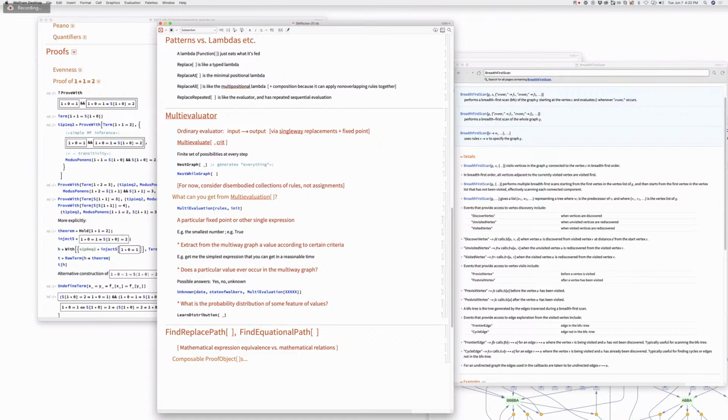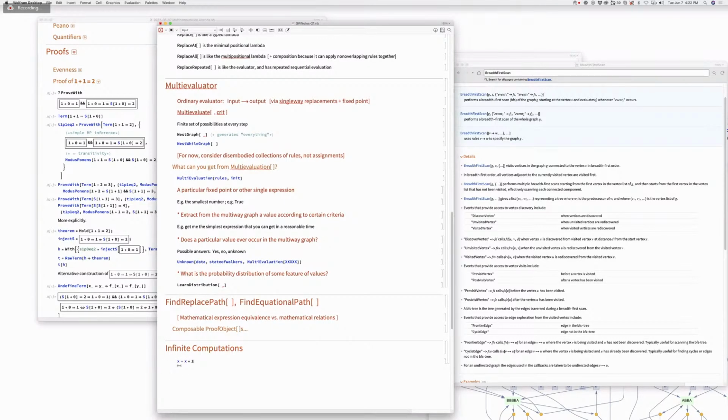Yeah, but the issue is, look, this is the infinite computations. So this is the x equals x plus 1 of this world, right? Let's write it in a ReplaceRepeated, you know, of 7, x_ goes to x plus 1.